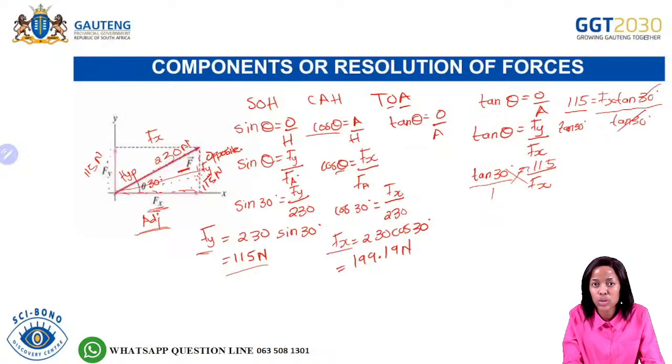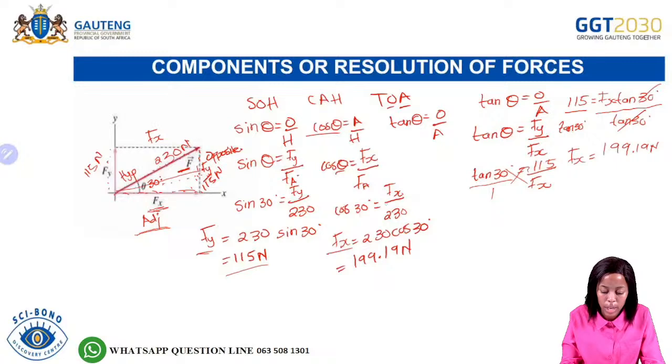And on the right hand side, you'll only be left with the horizontal component, which is your Fx. So this should then give you the same answer as your Fx, which is 199,19 Newton. Okay, so just make sure that you really revise well on this, the horizontal component, because we said the horizontal component is represented by the Fx, and then we said the vertical component is represented by the y-axis.